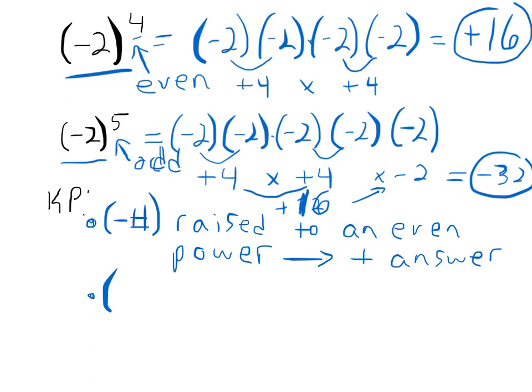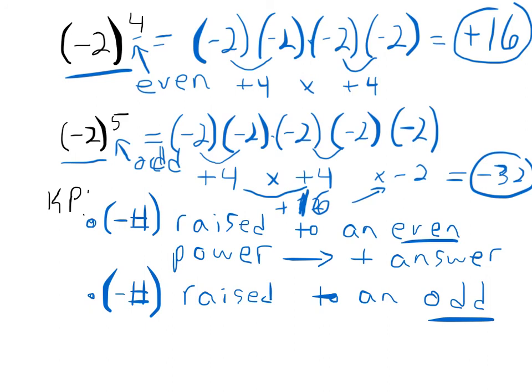The second one is a negative number raised to an odd power leads to a negative answer. All right, it's really important that you keep that in mind, because as we get to some more difficult problems, especially in practice.